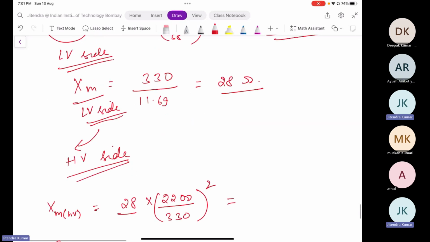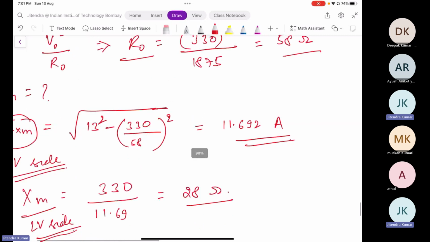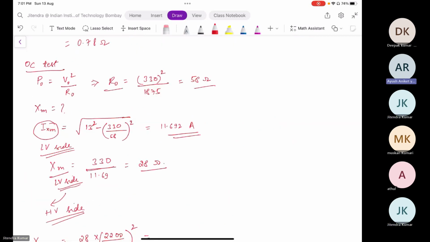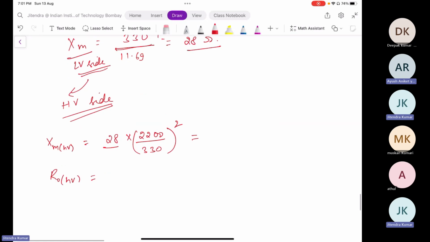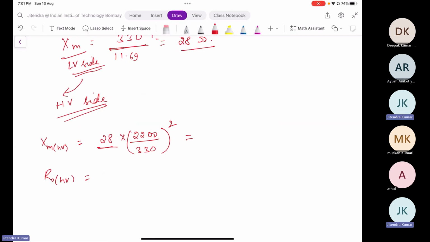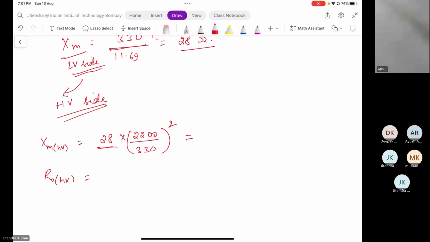No, LV side we computed, right? 330 voltage, computed from which side? 330 is LV or HV? LV, sir. Then please let me know this value XM from HV side and R0 from HV side.